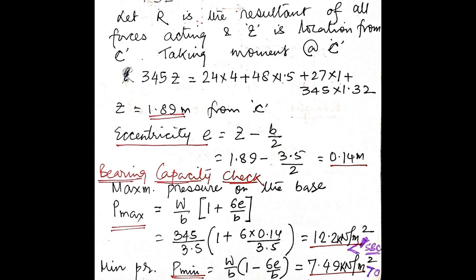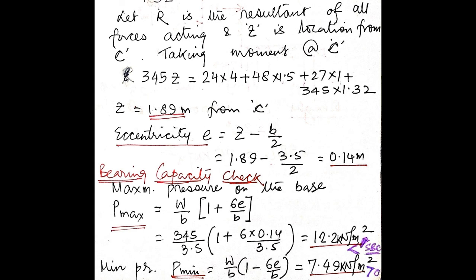Eccentricity, you remember, is defined as from the center line of the structure, how much distance the load is acting. So E, eccentricity, is the location of the resultant from the point C minus the bottom width divided by 2. So that gives us 0.14 meter.